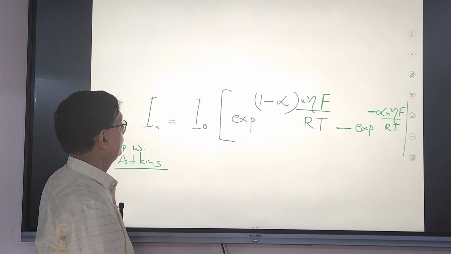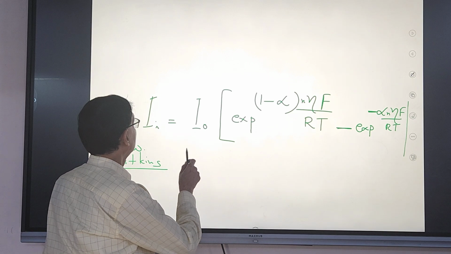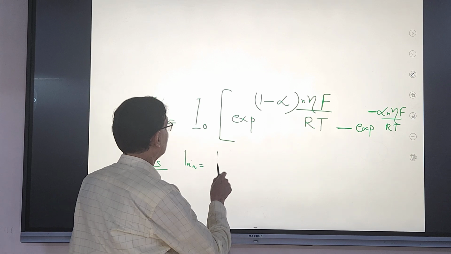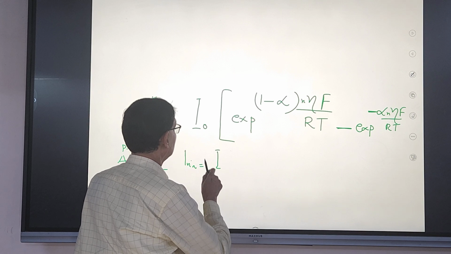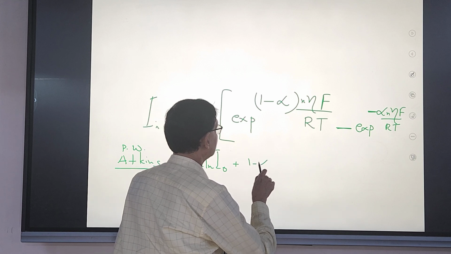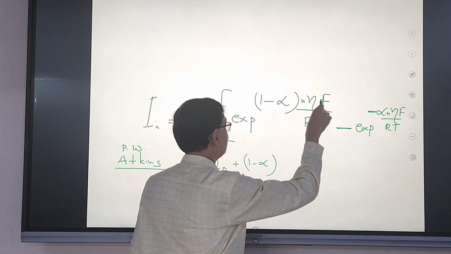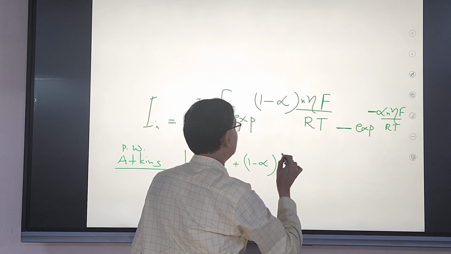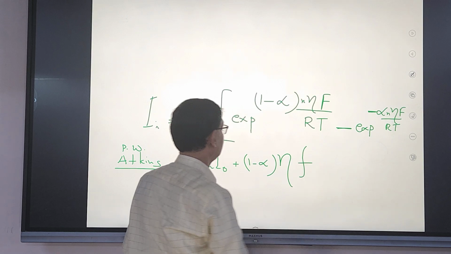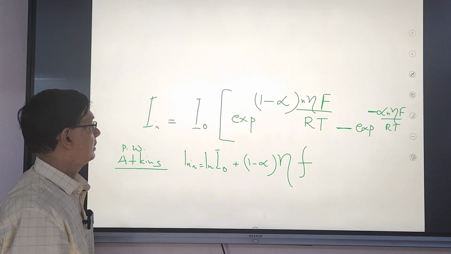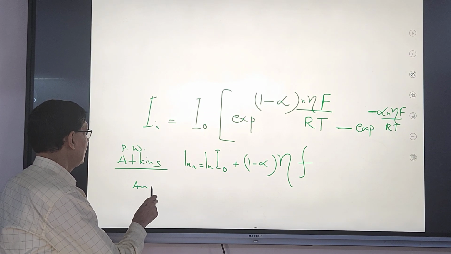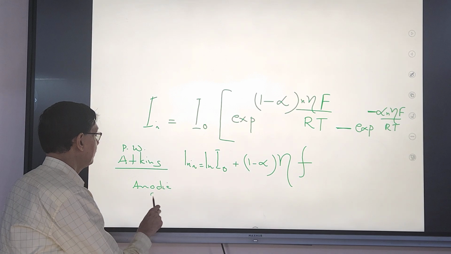So simply, natural log of I0 plus 1 minus alpha, if I simply write nF over RT, eta and F. So of course it is the anodic current.